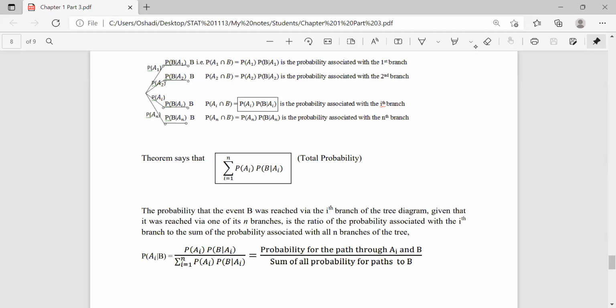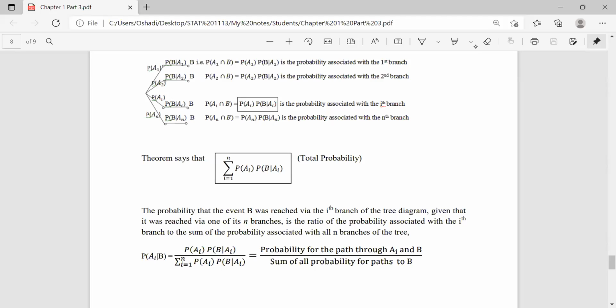So the Bayes theorem gives you the probability of Ai given B. It can be obtained using the probability for the path through Ai and B divided by the sum of all probabilities for paths to B. So this is the explanation of Bayes theorem using the tree diagram.